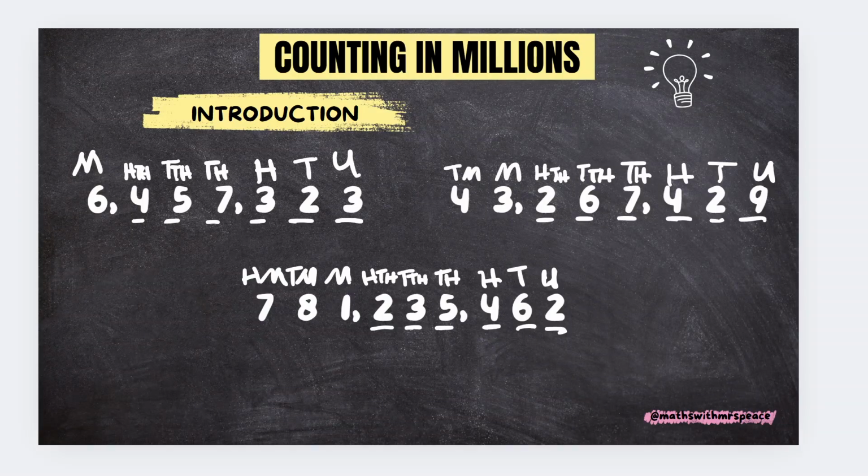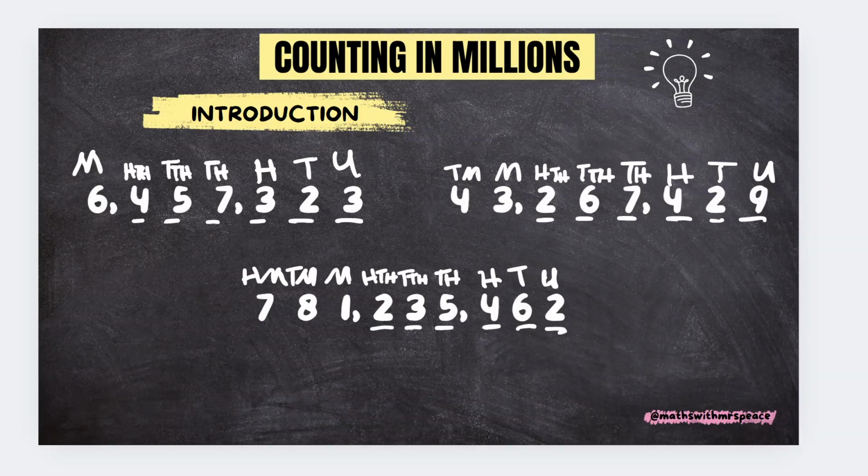So let's read out these numbers. The first one will be 6,457,323. The second one will be 43,267,429. And the third one will be 781,235,462.